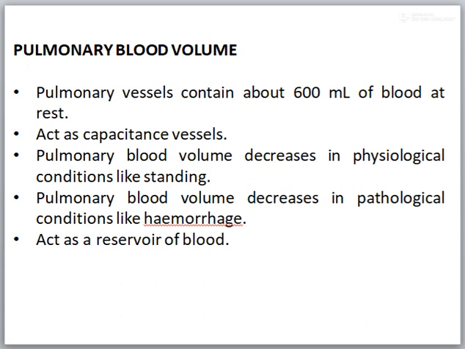In pathological conditions like hemorrhage, the transfer of blood from pulmonary vessels to systemic circulation also occurs, partially compensating for the blood loss, and thus the pulmonary vessels act as a reservoir of blood.